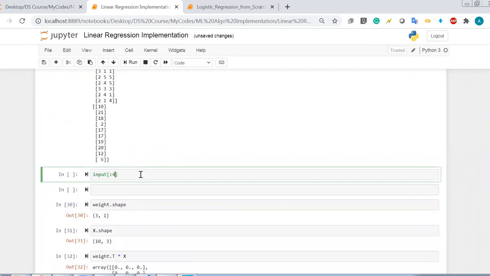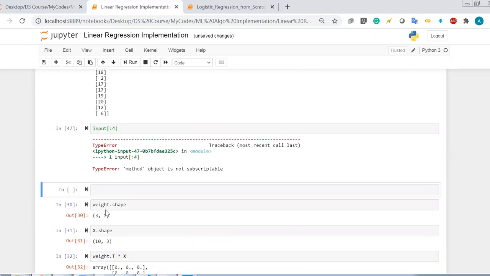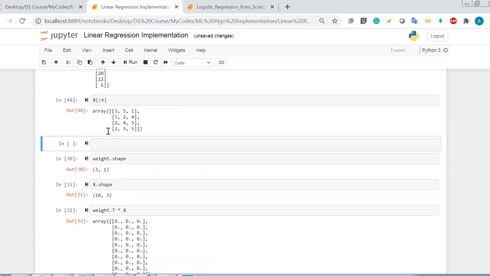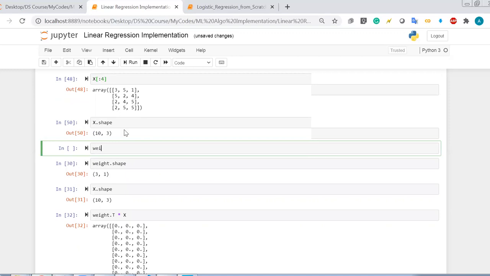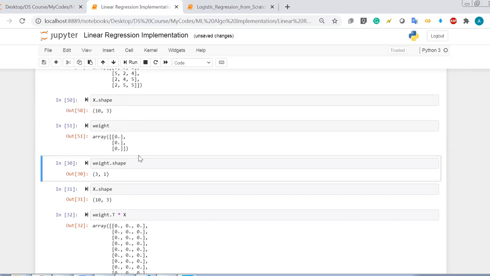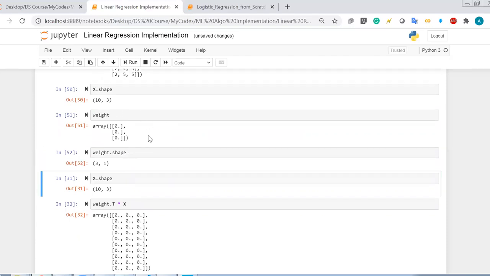Input is x. We have 3 features, and I have taken the first 4 rows out of my x. Let me check the shape of x. Shape of x is 10 cross 3, and let's see what the value of weight is. Weight is this, and the shape of weight will be 3 cross 1.